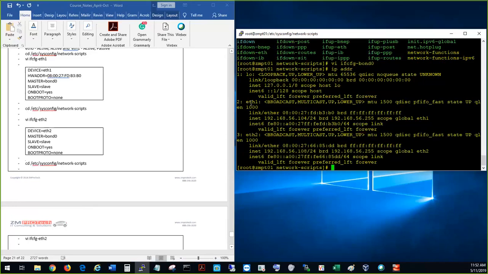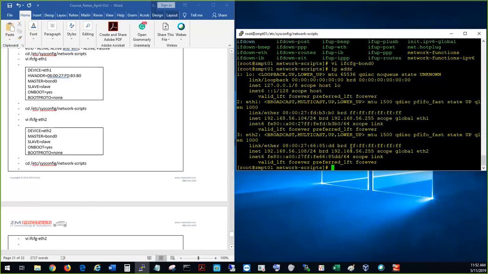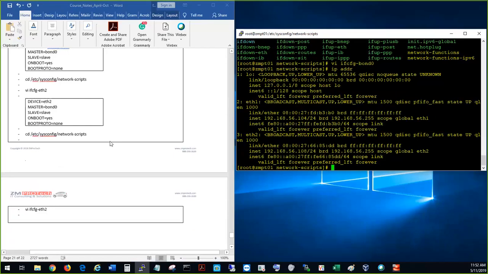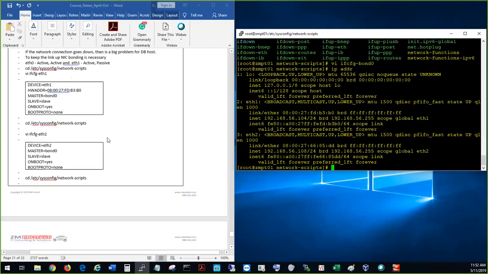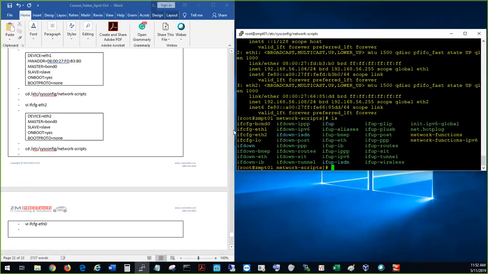This one was static, but we changed around a lot in here. Now we're going to enable bond0. Before that, you have to see all three things are in place.